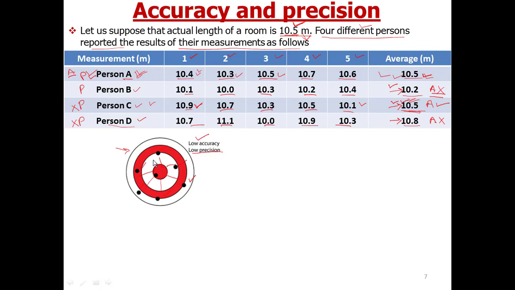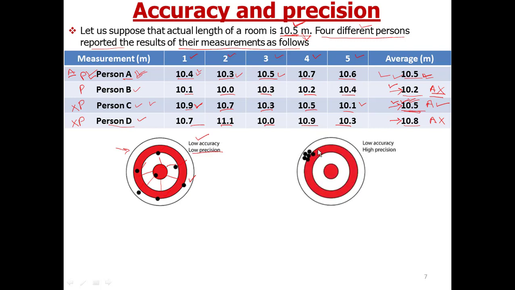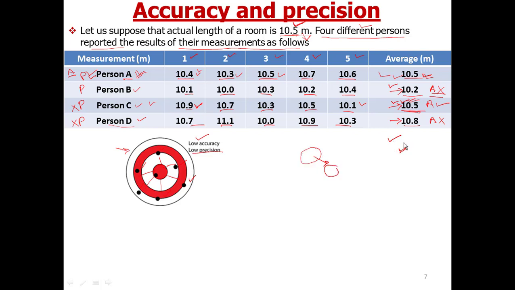So this person has low accuracy as well as low precision. Now let us see this person. All his results were very close to one another, so it has high precision, but their values deviate from the actual target. So his outcomes were not accurate but they were precise.